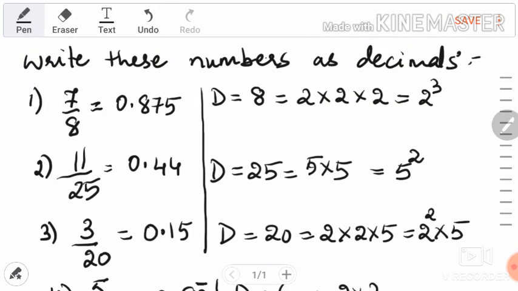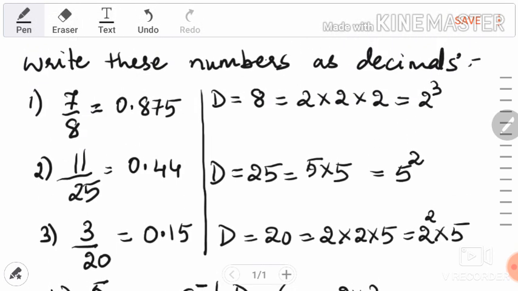What do you observe looking at the prime factors of the denominator? We see that if the denominator of the rational number has factors only 2 or only 5 or both, then the decimal expansion of these rational numbers is terminating.